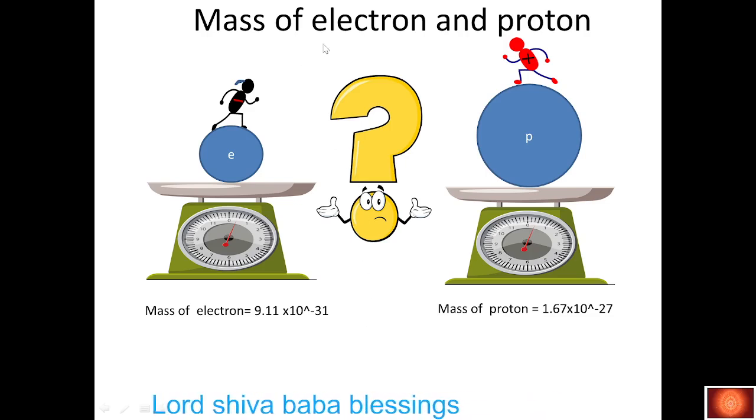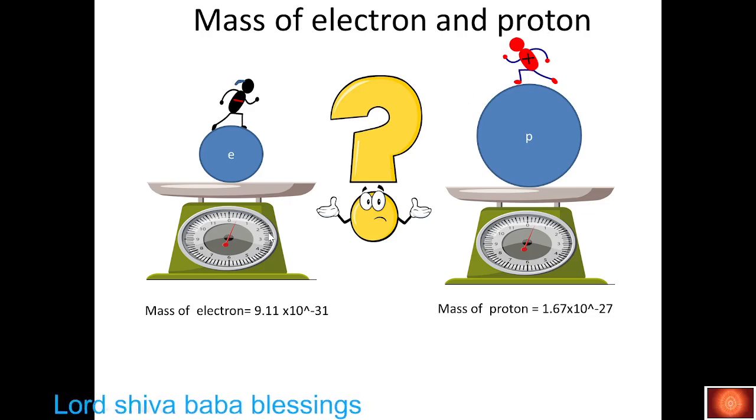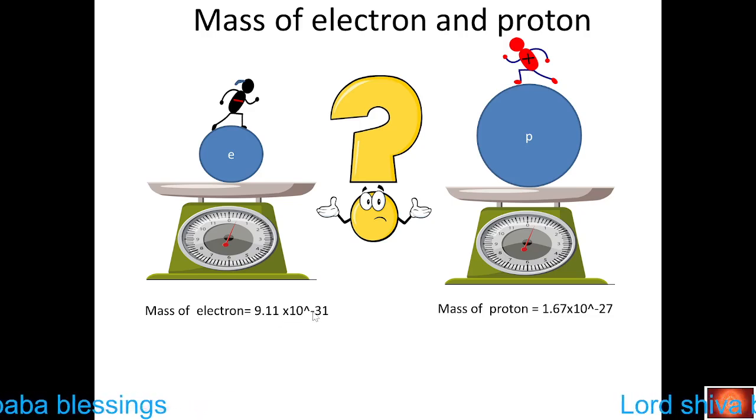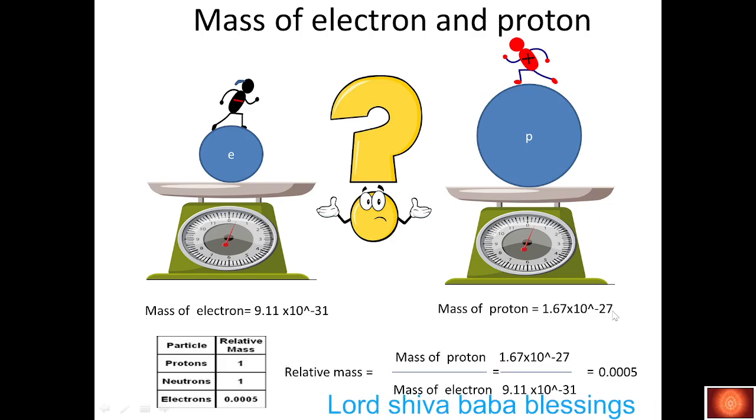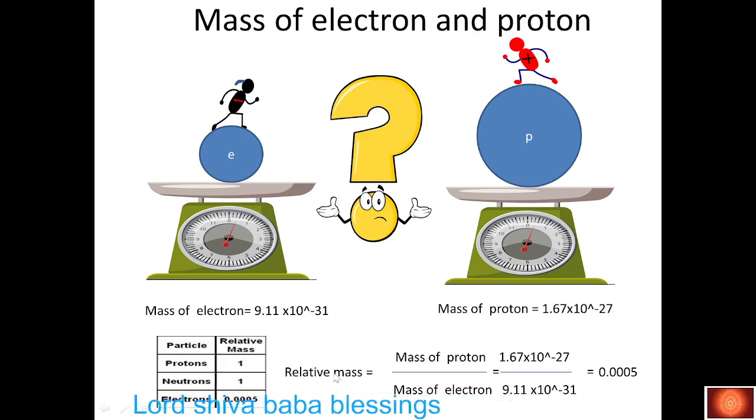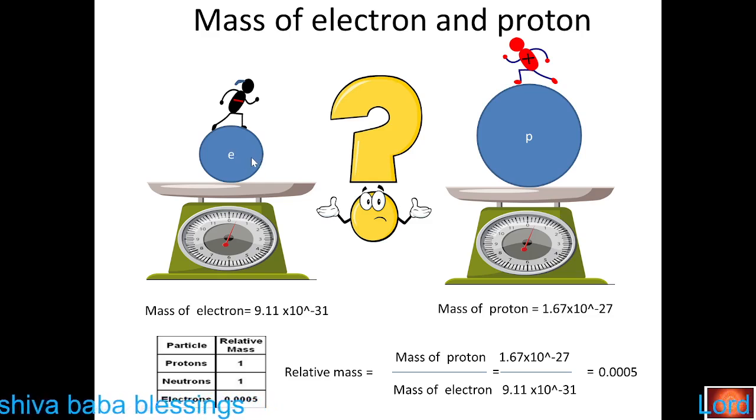Now let us consider the mass of electron and proton. As you already know, the mass of electron is 9.11 into 10 to the power of minus 31 kg, and the mass of proton is 1.67 into 10 to the power of minus 27 kg. As I said earlier, the relative mass of proton is 2000 times larger than that of electron.